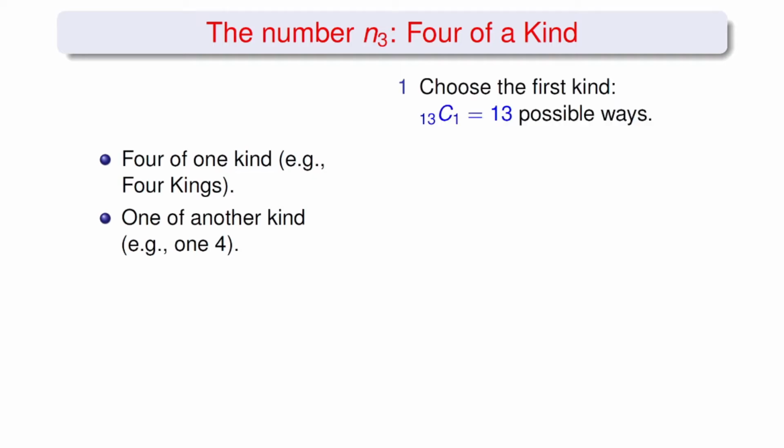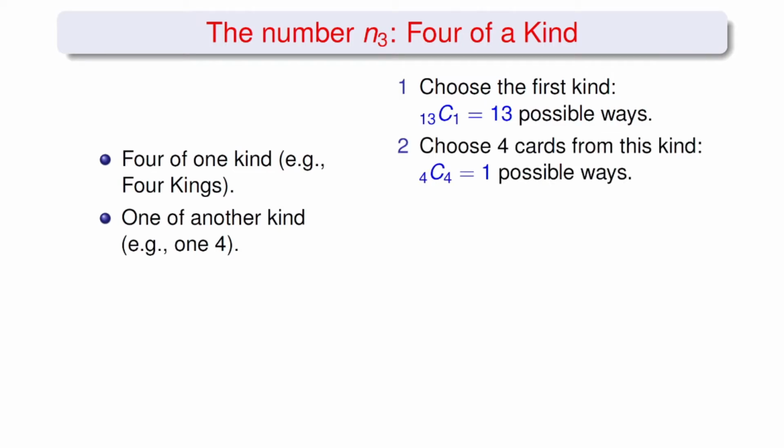Let's consider the following steps. First, choose the first kind. There are 13 different kinds of cards, so 13 choose 1, that's 13 possible ways to do this. Step 2, because we have 4 of a kind, let's choose all 4 cards from this kind.